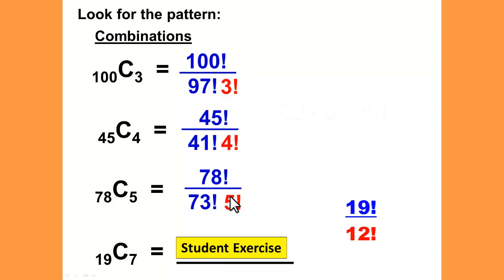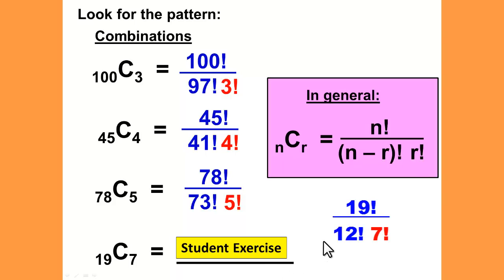And then the next part of it would be the 7 factorial itself. In general, nCr has n factorial on top over n minus r factorial times r factorial. So it looks very similar to what we had with permutations, just with the extra r factorial.